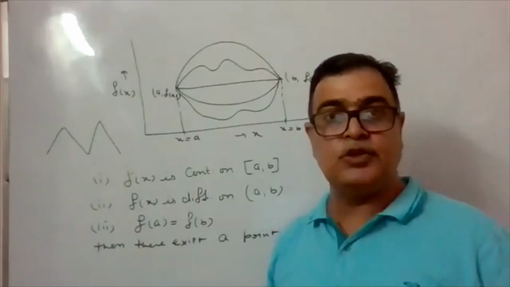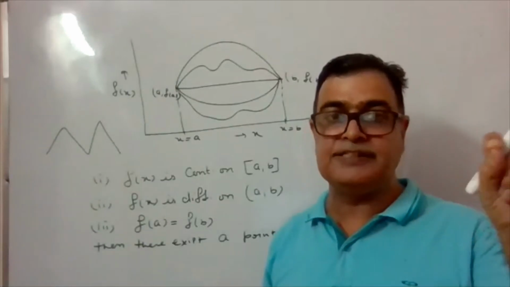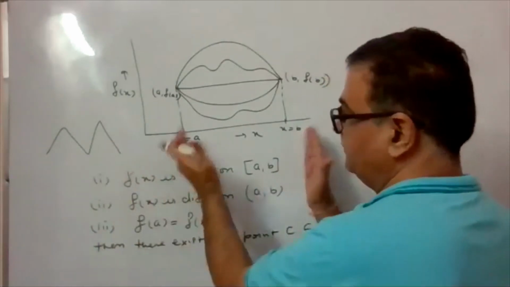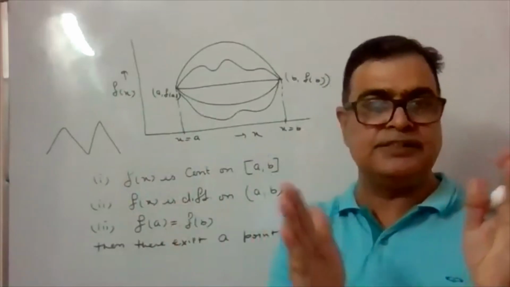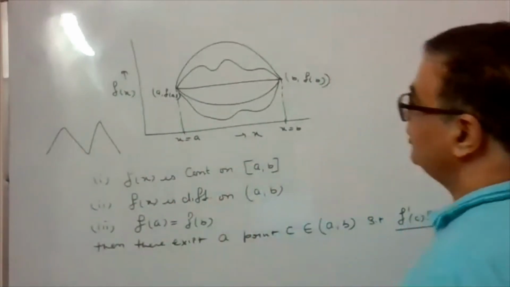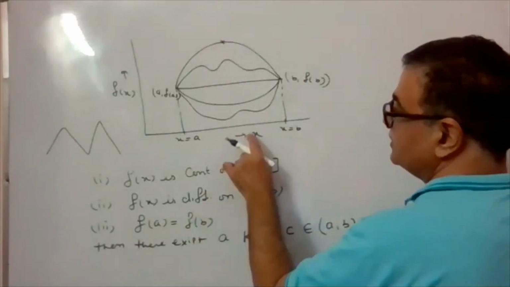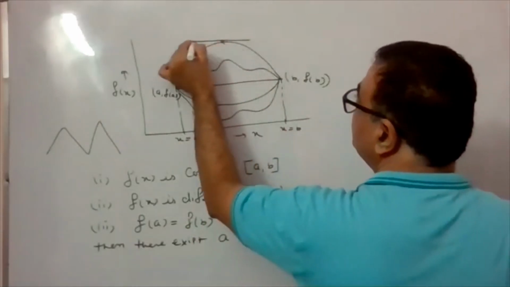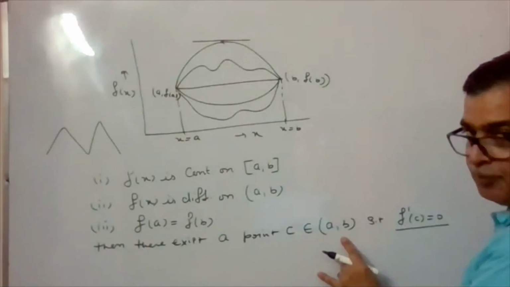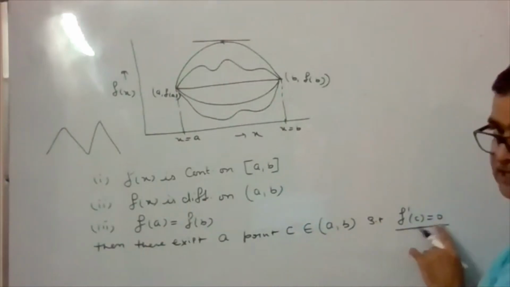Then what this theorem says, there must be a point c in this interval. Definitely there will be a point c in this interval where, if you draw a tangent, that will come: c is a point on (a, b) such that f'(c) is equal to 0.